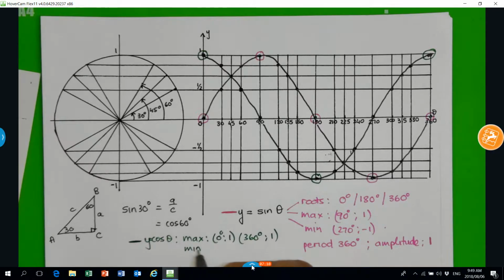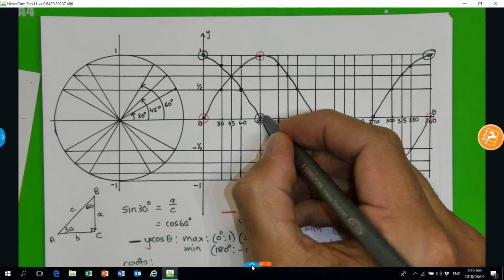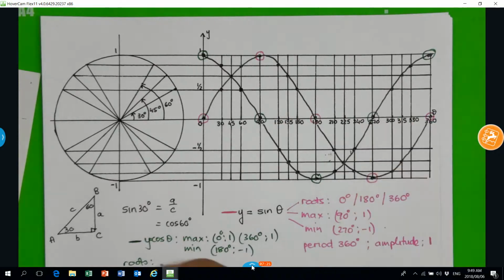The minimum value over this domain is at 180 degrees and minus 1. Okay, the roots, in other words, where it passes through the x-axis, lie at 90 and 270. So where theta equals 90 degrees or 270 degrees.